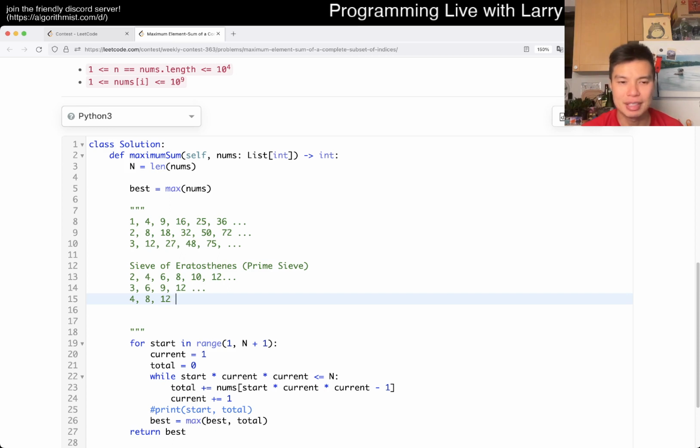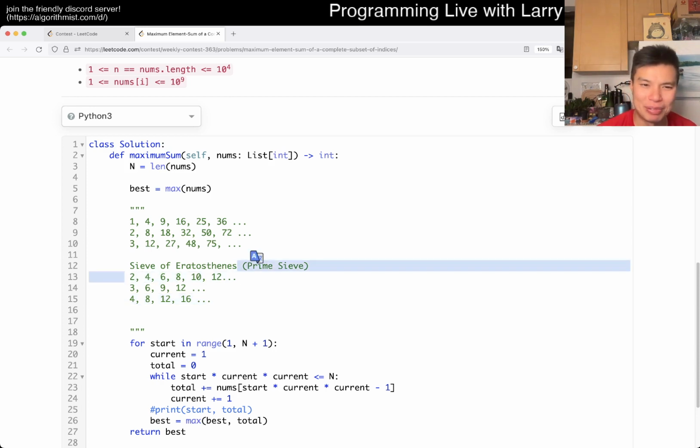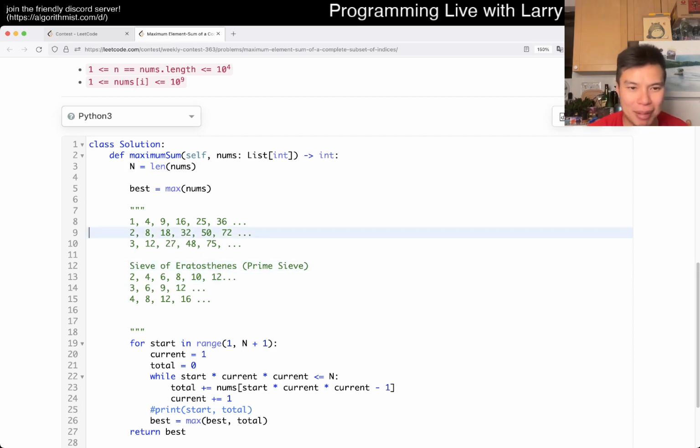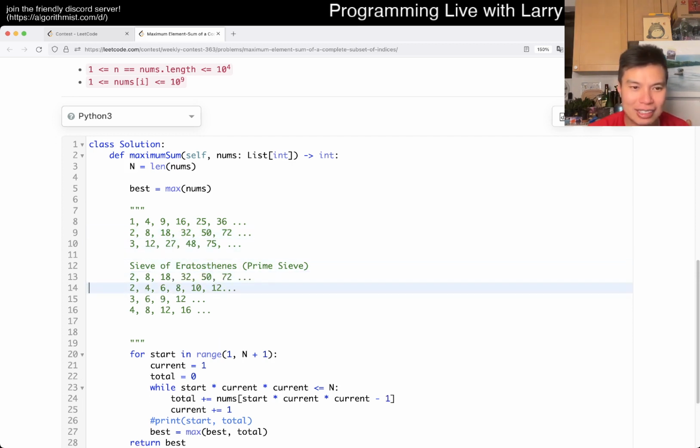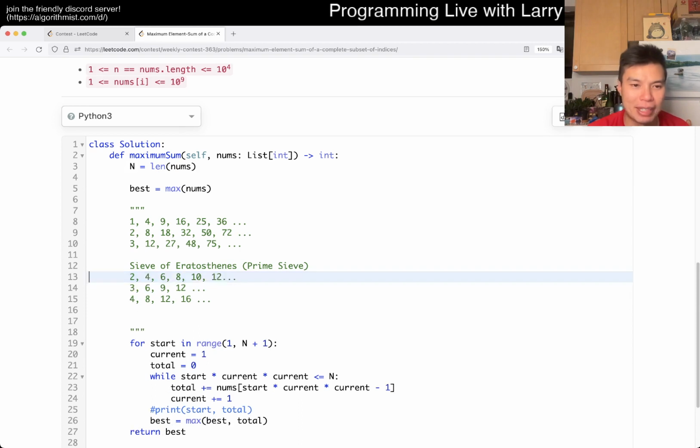I know this is 16. But if you look at this, the idea I want you to look at is that all these series, except for maybe the first one, all these numbers are strictly less than these numbers, right? So if you match them up, skipping the first one, these numbers are always bigger than these numbers.